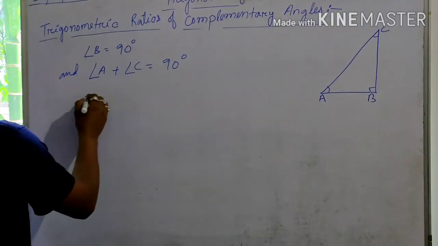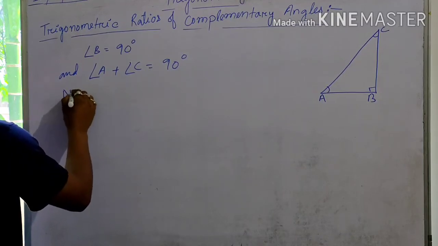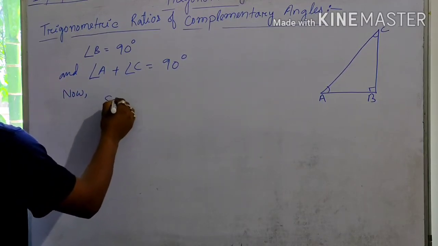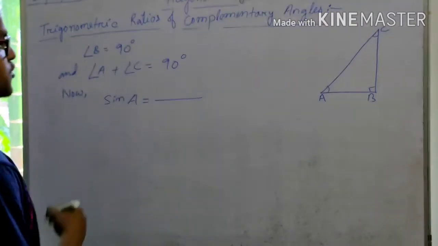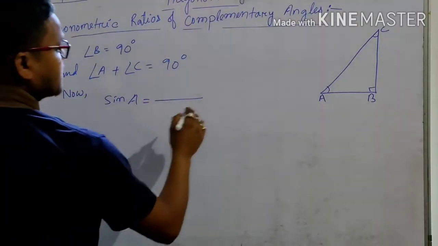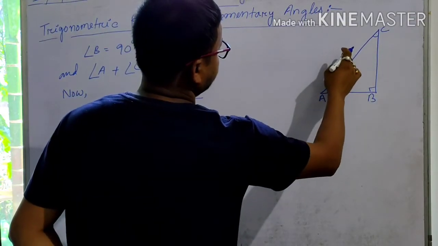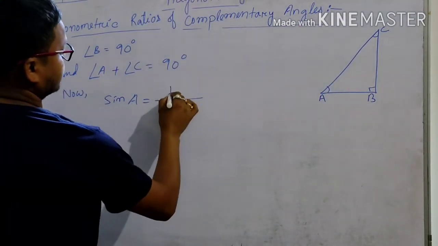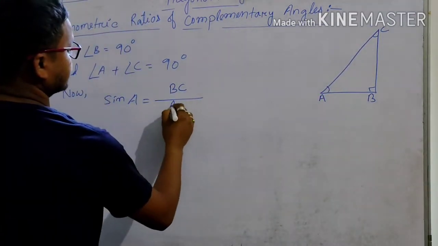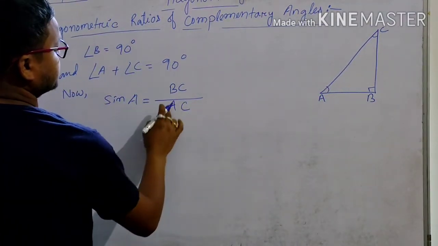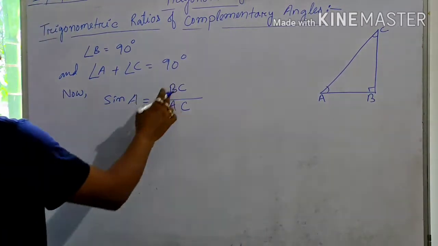Now consider angle A. What is the value of sin A? According to the trigonometric ratio, sin A is equal to perpendicular by hypotenuse. Your perpendicular is BC and hypotenuse is AC, so sin A equals BC by AC.